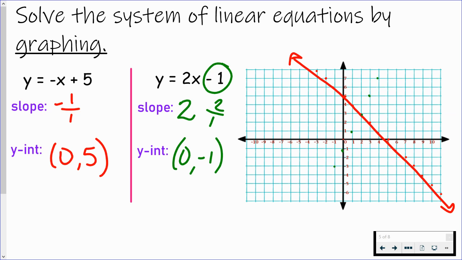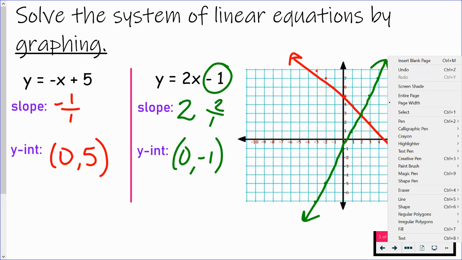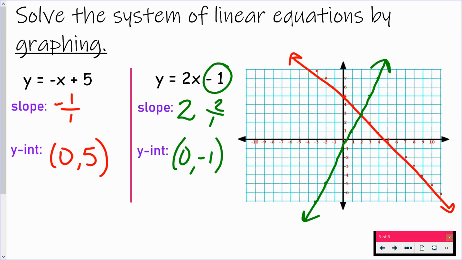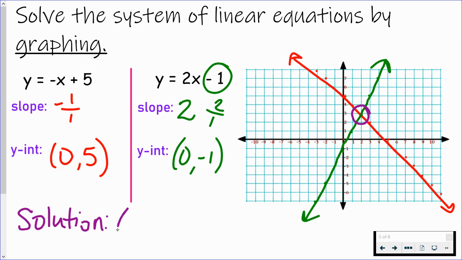Down 2, left 1, down 2, left 1, down 2, left 1. There's my line. Now I ended up using my red for my first equation, so I'm going to use purple for my point. And my solution here is 2, 3.